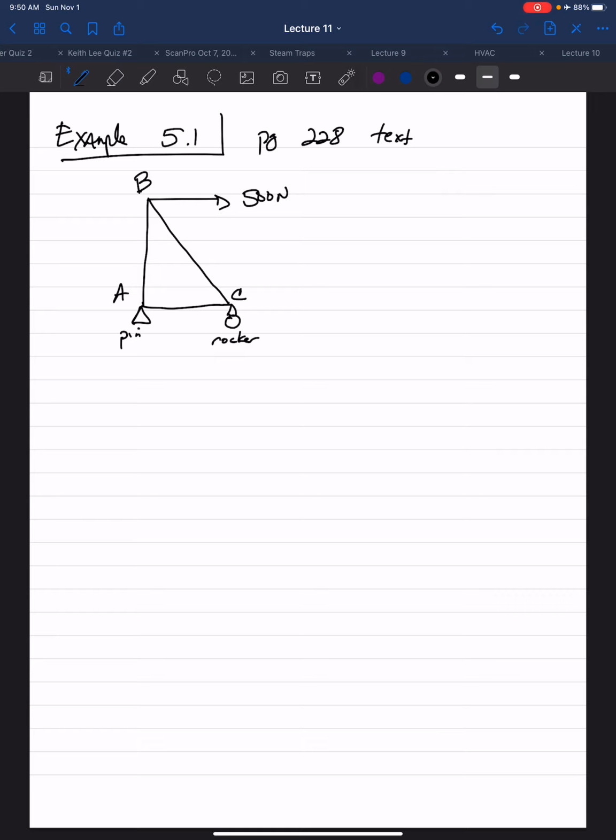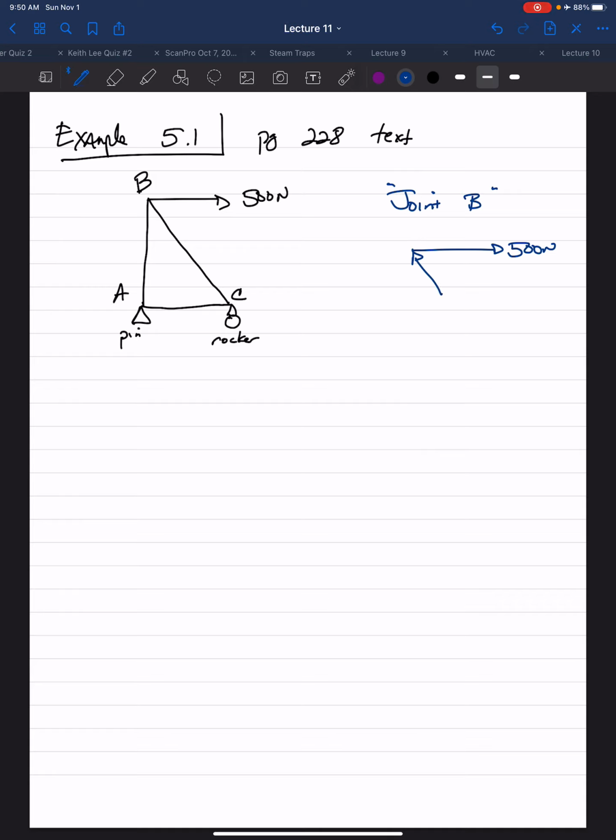So if we begin at joint B and do our individual free body diagram there, there is one known 500 Newton force at that joint, and there are two unknowns.